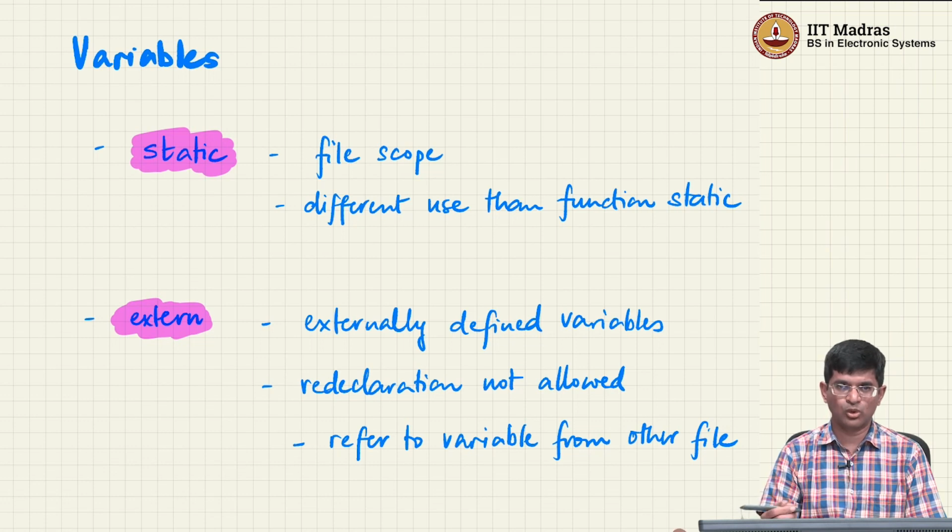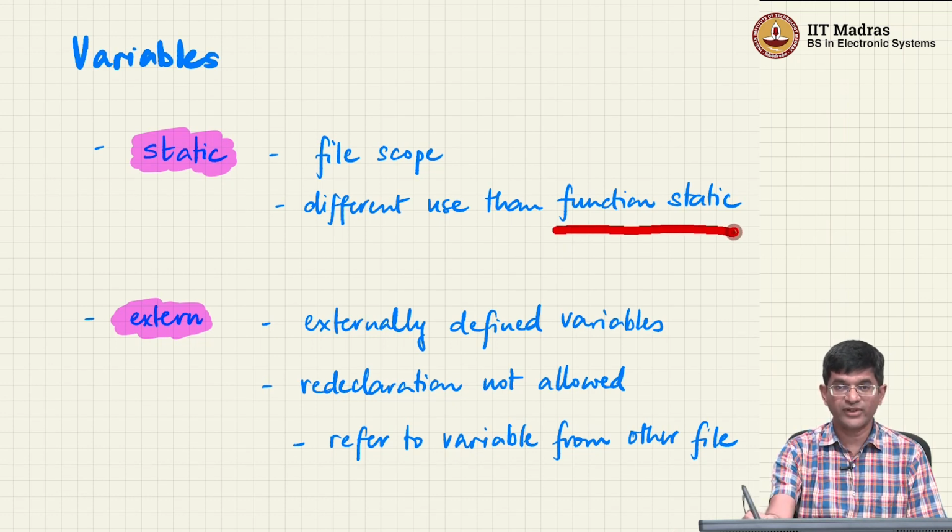There are also a couple of more things that come in the context of multifile projects. In particular, there are two keywords. One is called static, which we have seen earlier when we declared variables inside a function as static. You may recall that a static variable inside a function means that the memory allocated for that variable is not on the stack corresponding to that function, it is in the heap corresponding to the program, which means that even after the function exits, that particular variable continues to remain in the same place.